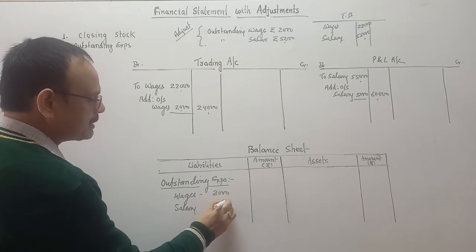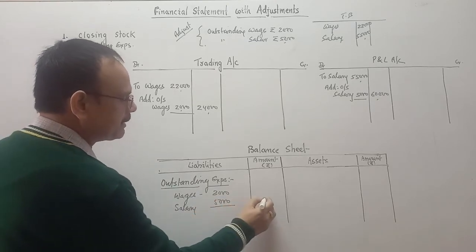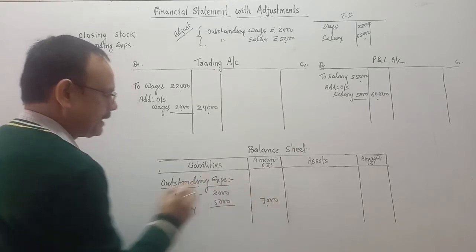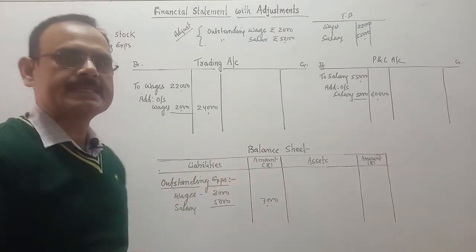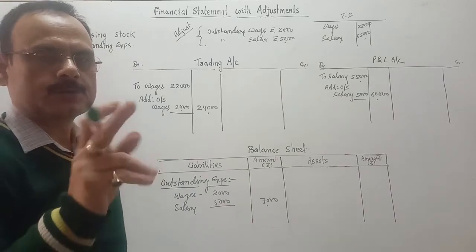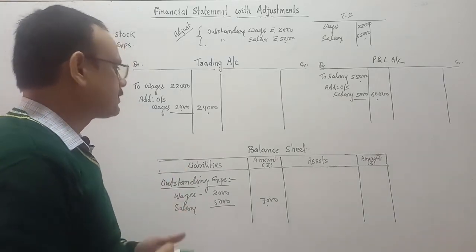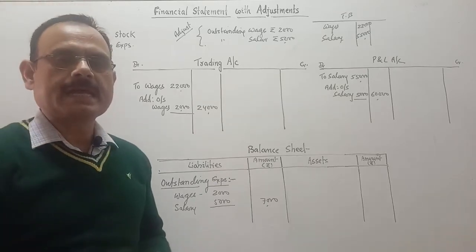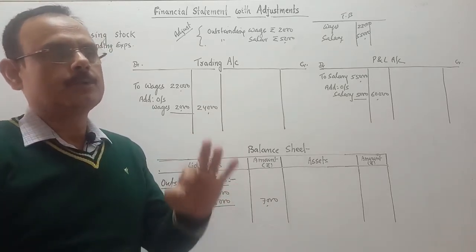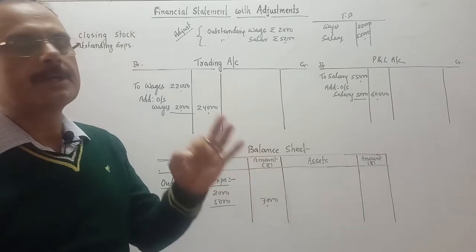So total outstanding expenses is 7,000, which you write on the liability side. Outstanding salary means salary due but not paid, and outstanding wages means wages due but not paid.